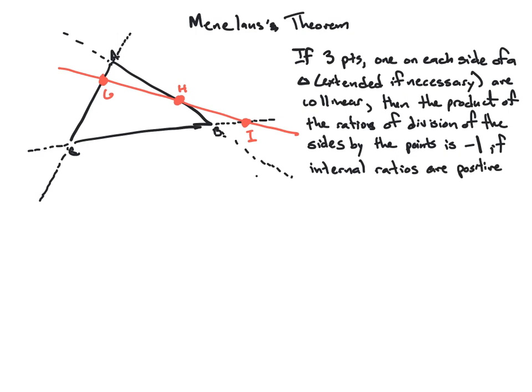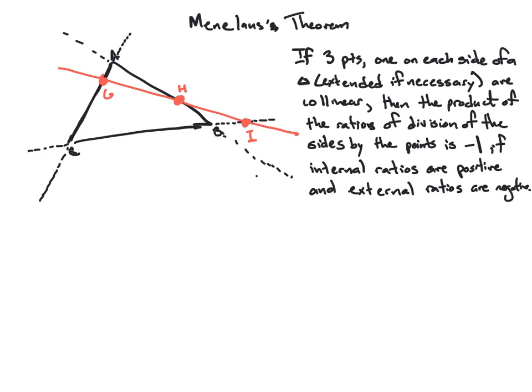Now it's -1 if internal ratios are positive and external ratios are negative. What I mean by that is, with the example I drew here, two of these are internal ratios.